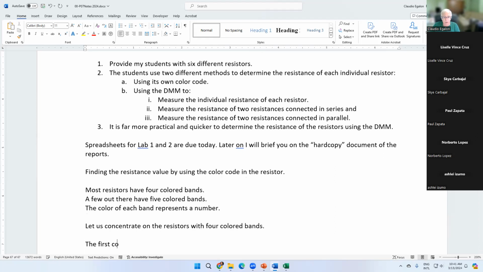The first color from the left to the right represents the first significant digit of the resistance value.